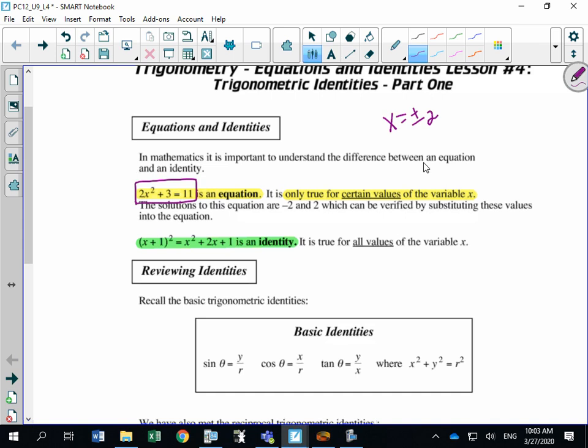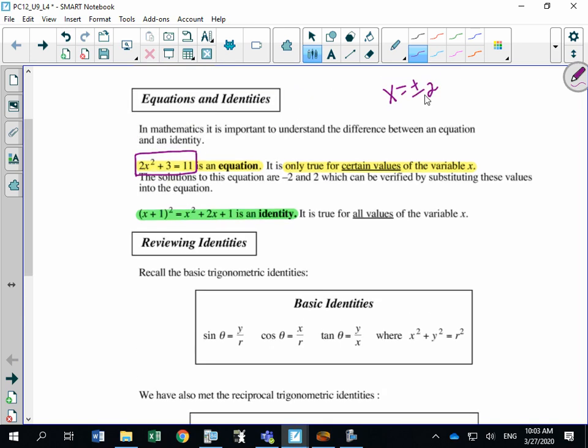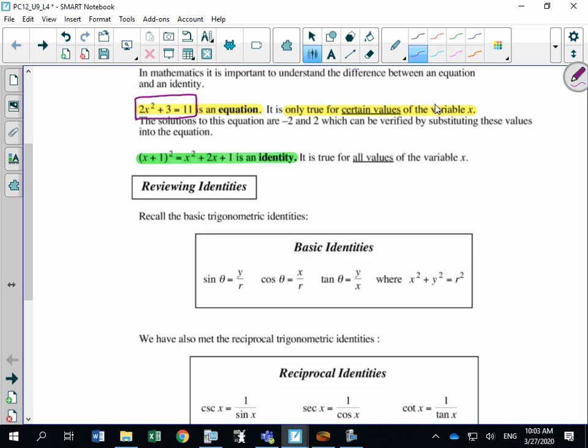It's an equation only for certain values of x, and that is when x is equal to plus or minus 2. What an identity is, is when the left-hand side equals the right-hand side, but it's true for any values of x, not just restricted to something like plus or minus 2. So for example, I'll show you what an identity would be. 3 open bracket 5 plus 2x, this is an identity, and it would be equal to, sorry, 15 plus 6x.